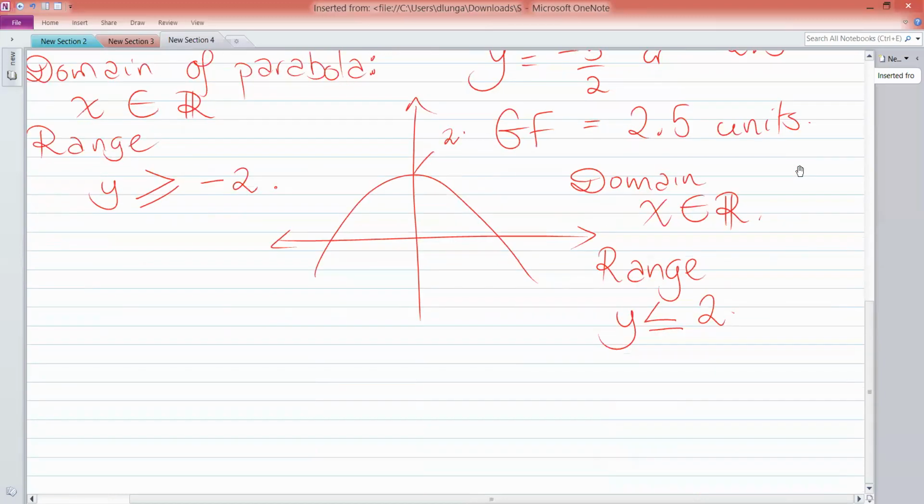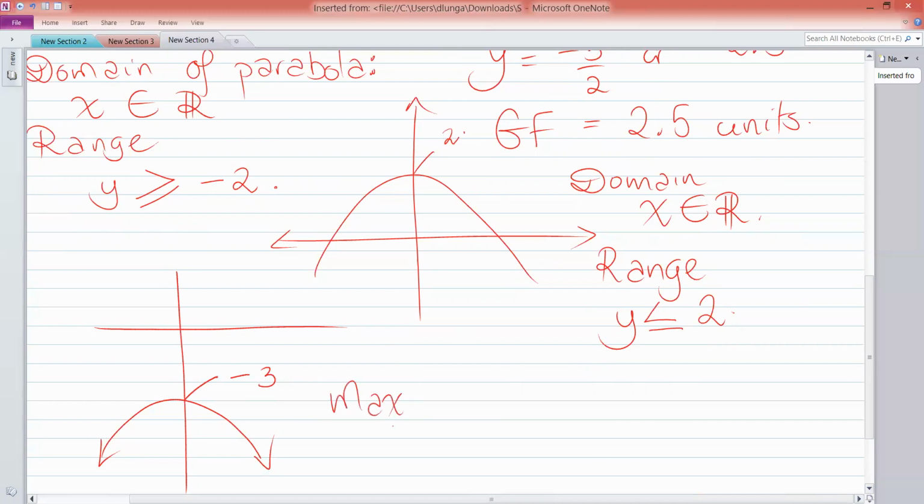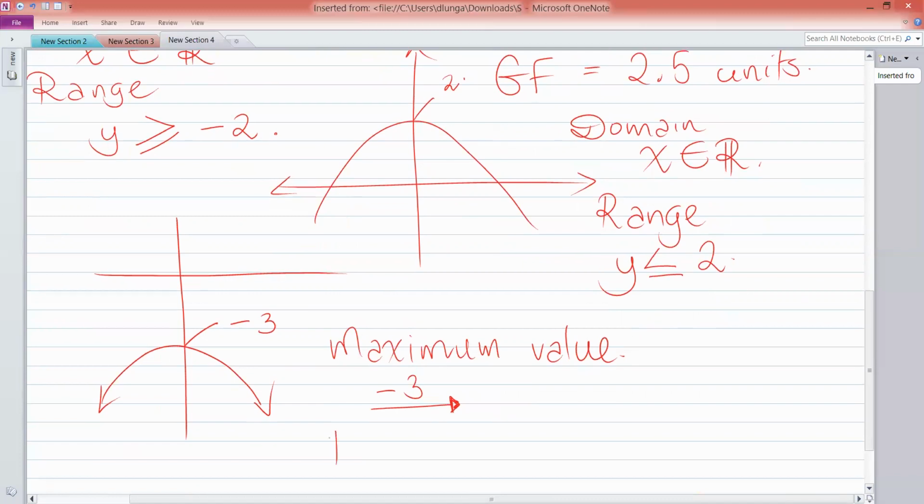Right, let me draw another one because I think now this one is a little different. This value here is -3. So another way of asking this, what's the maximum value of this graph that I just drew? The maximum value would be -3, because there's no y value above that. What would the range be? And what would the domain be?